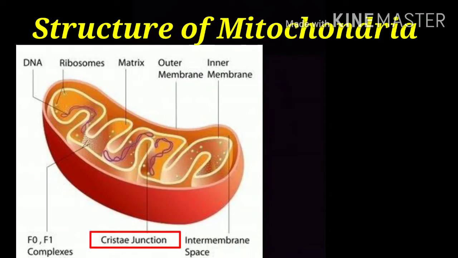Cristae: the inner mitochondrial membrane gives rise to finger-like projections called cristae. These cristae increase the inner surface area of the mitochondria to hold a variety of enzymes.